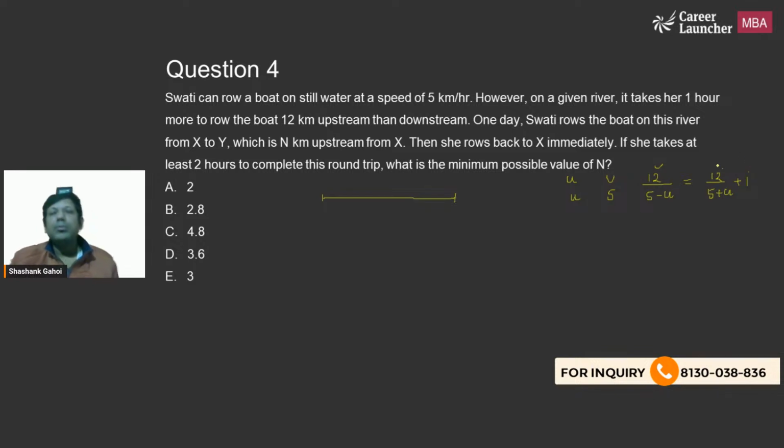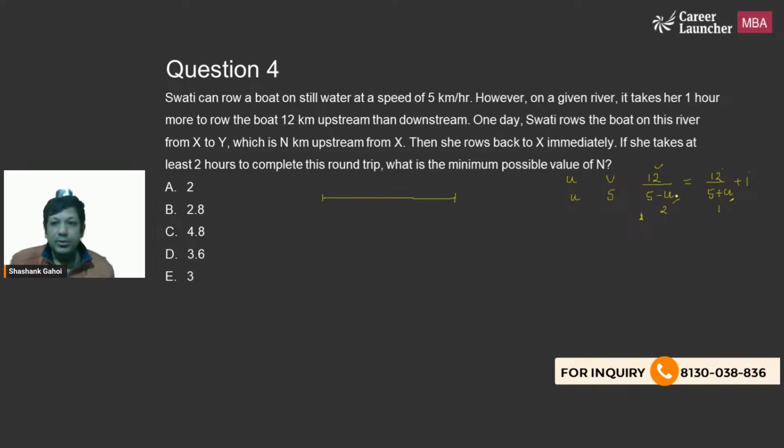Okay, so now how am I going to solve this one? So basically this number and this number are at a difference of 1, right? So which factors of 12 are at a difference of 1? Okay, so what I can do, I can plug in 2 and 1. So this value is 2, this value is 1. So if this is 2, then 5 minus u should be 6.